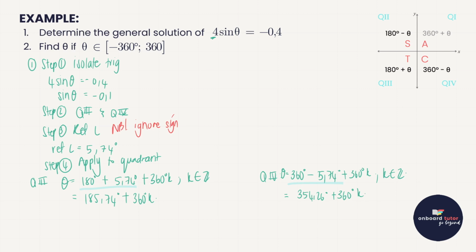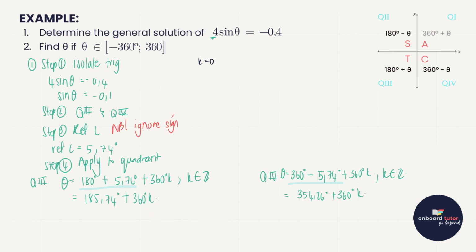And then question 2 says, find theta if theta is an element between minus 360 and 360. So I'm now going to use my general solution to actually find an answer. Okay, so what I like to do is I like to just make a little list for myself. I start with k equals 0. Okay, and I've got 2 solutions. So in other words, now I'm going to substitute a 0 in here, substitute a 0 in here.